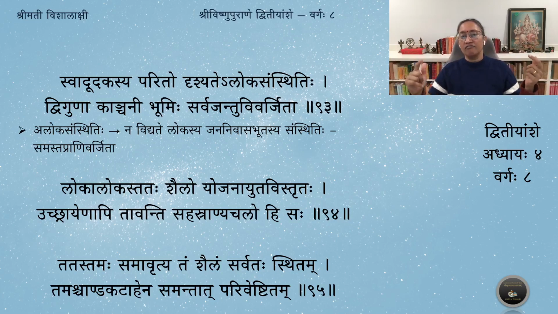Beyond that, you have the Lokaloka Parvata. Lokalokas tata shailah yojana ayuta vistritah, uchrayenapi tavanti sahasrani achalah hi sah. This Lokaloka Parvatam is supposed to be the end of the entire Brahmandam on one side.